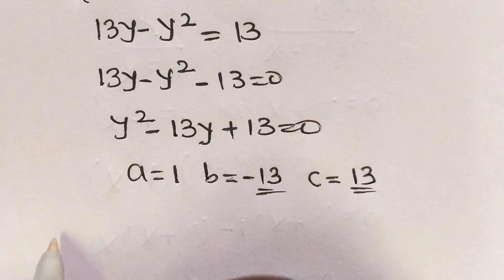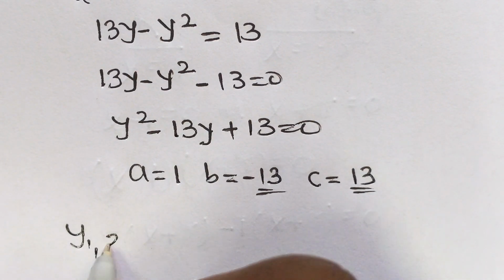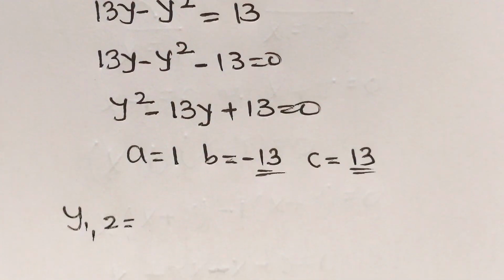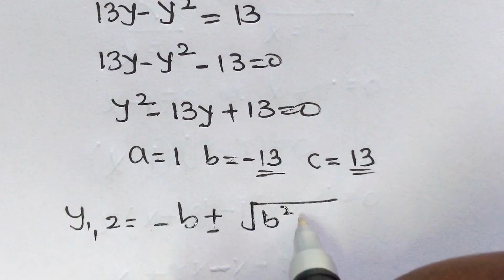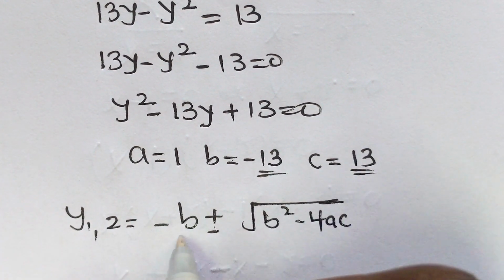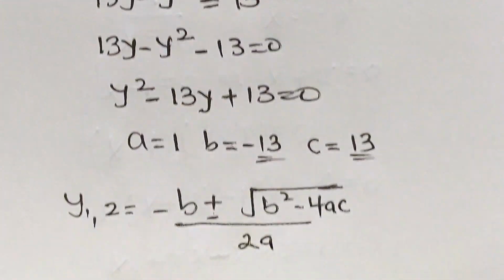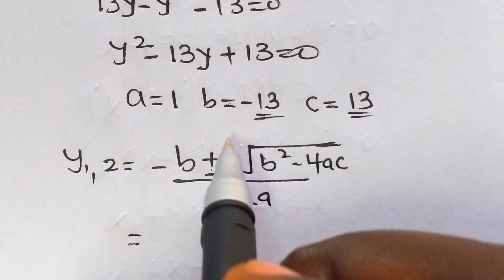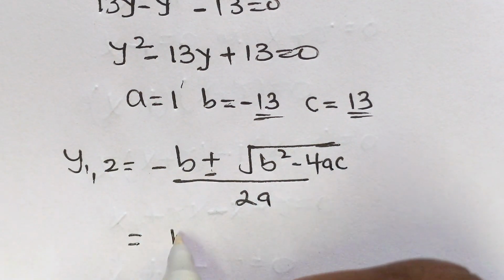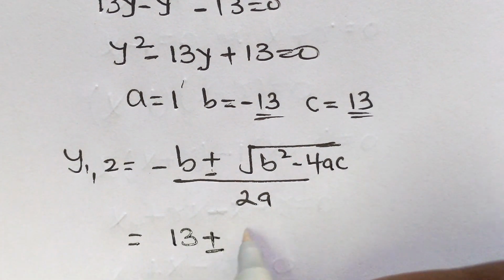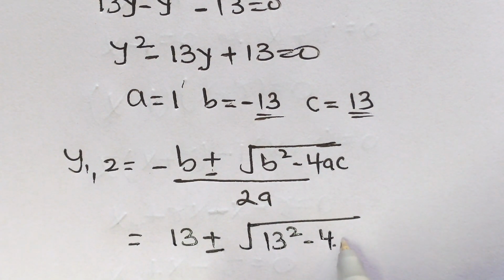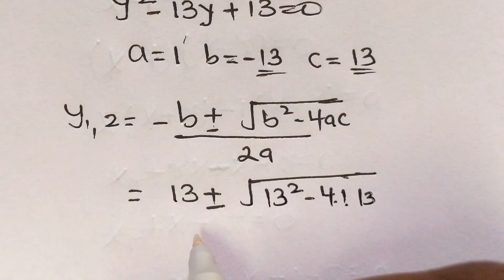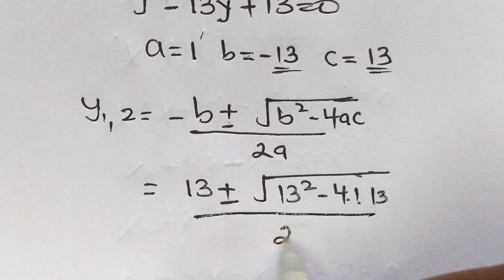And here you have to find y1 and y2, which equals negative b plus or minus square root of b squared minus 4ac, over 2a. Of course, this is negative b, that is 13, plus or minus square root of 13 squared minus 4 times 1 times 13, over 2.